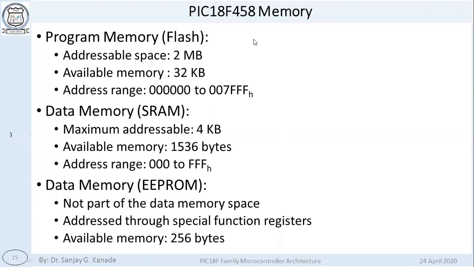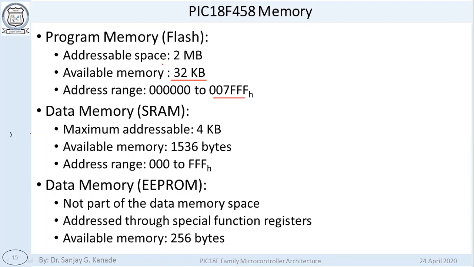The IC that we are going to study is PIC18F458, and in this IC the available memory for writing program instructions is only 32 KB. It ranges from 000000 to 007FFFH.